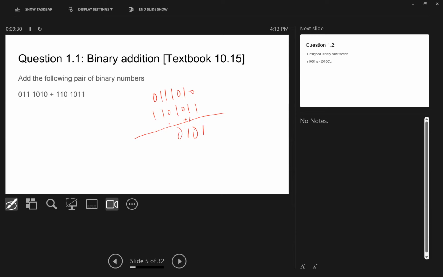Right? And for twos complement, we just do a further step after doing the ones complement. So after we get the ones complement representation, if this number is negative, we are going to add +1 to the ones complement representation to get the twos complement representation, right?